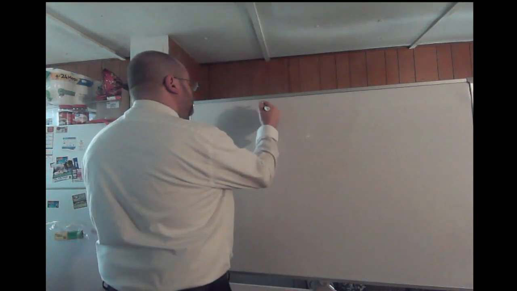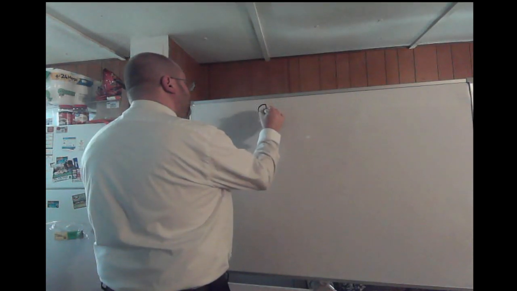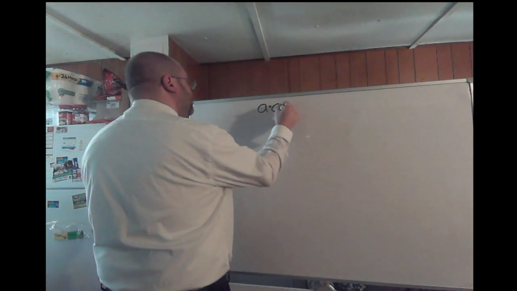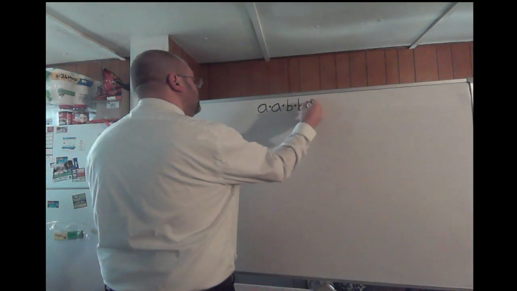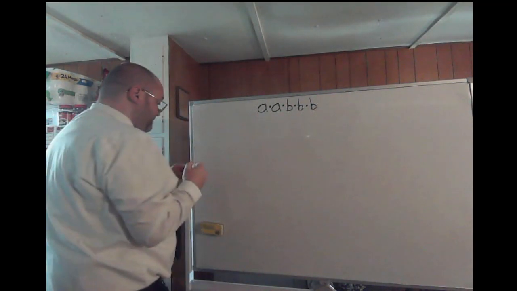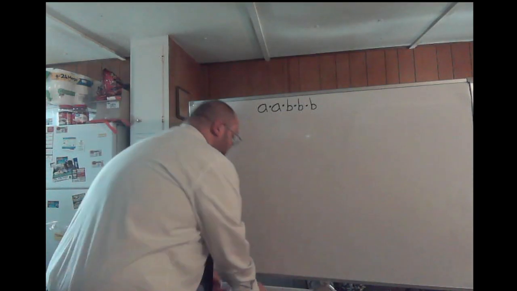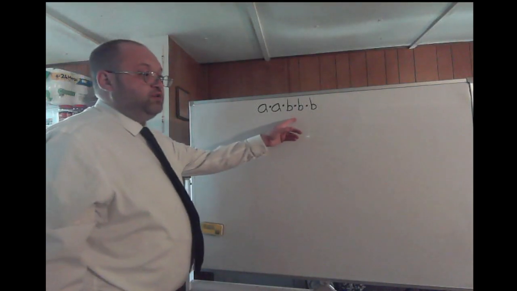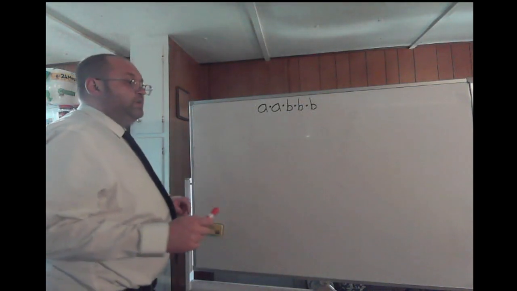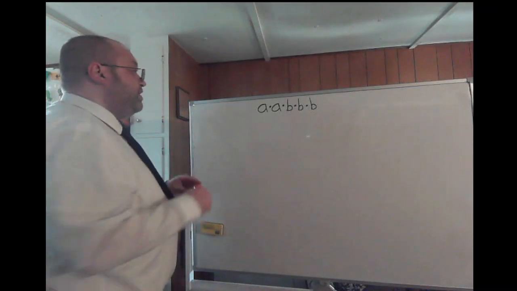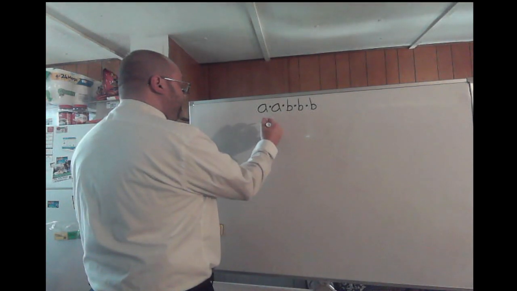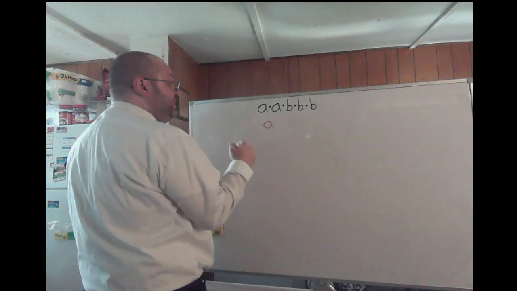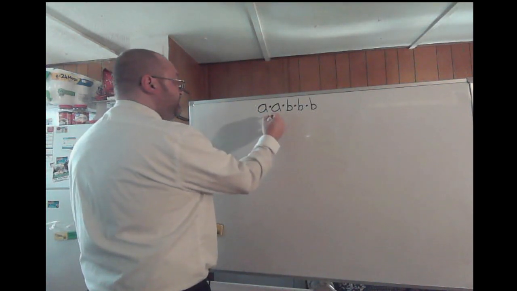We have a times a times b times b times b. Okay. So now all of a sudden we have two things being multiplied repeatedly. Well, this is where you take each base. So we'll start with a. How many times is a being multiplied? 1, 2.